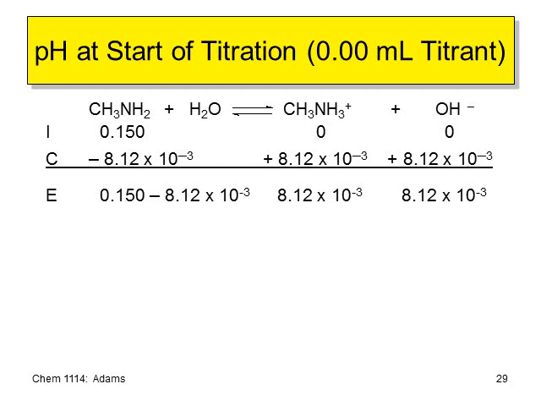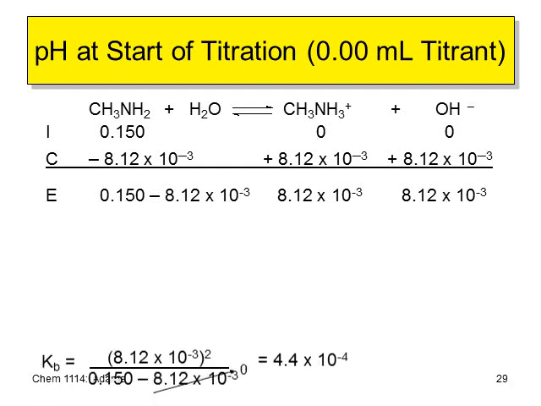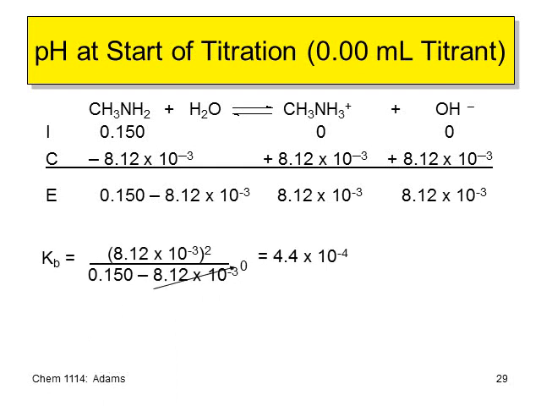I'm going to set that equal to a Kb because I see an OH minus in the products. I don't know what my Kb is, that's what I'm trying to find out, but I know that it's equal to my products divided by my reactants. And I get a Kb of 4.4 times 10 to the negative 4th.